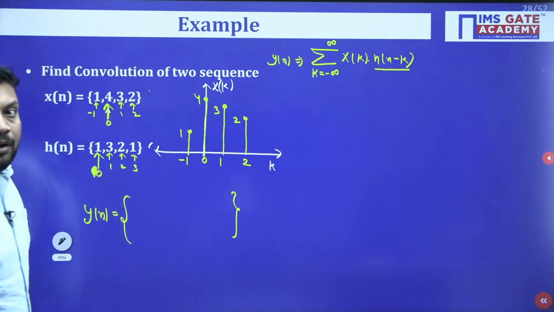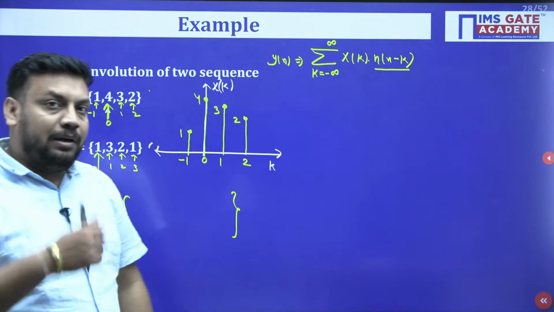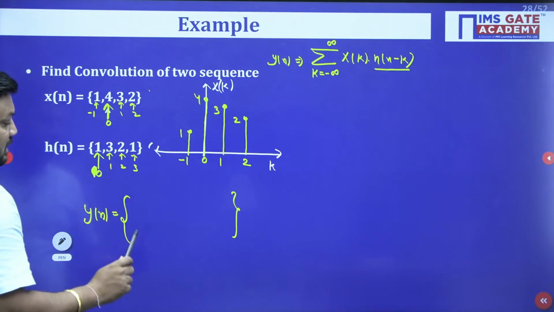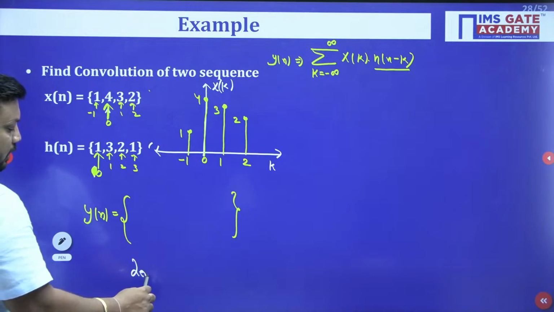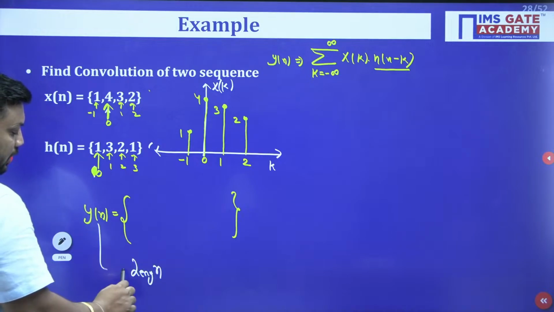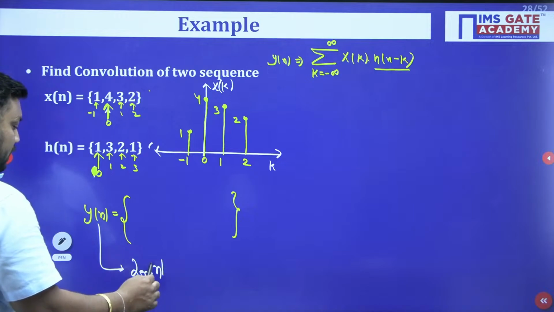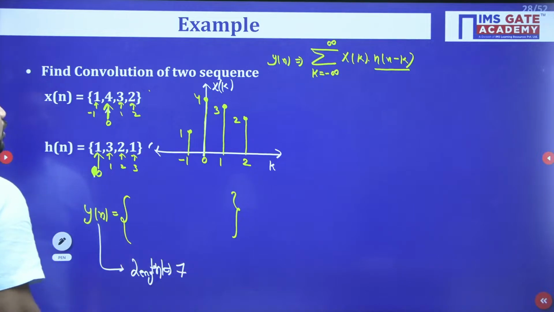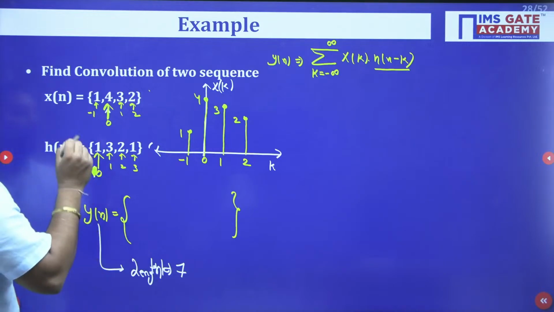So the length of y[n] will be 7. Now if I talk about the width property, the lower limits should add.